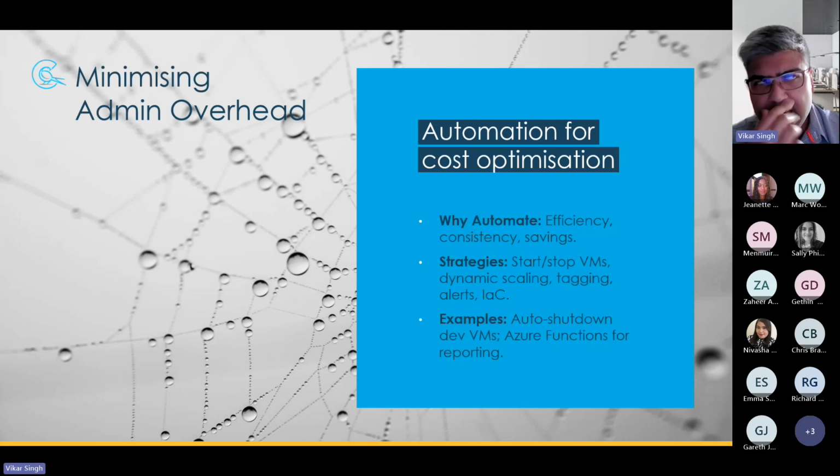And again, a lot of people still use jump boxes in Azure. Azure Bastion can help remove that requirement completely. And if we still need jump boxes in our environment, then again, there are a whole bunch of other services that we can look at, like Azure VDIs, for example, to minimize admin overhead. Now, scaling is another issue that we need to look at in our environments, right?